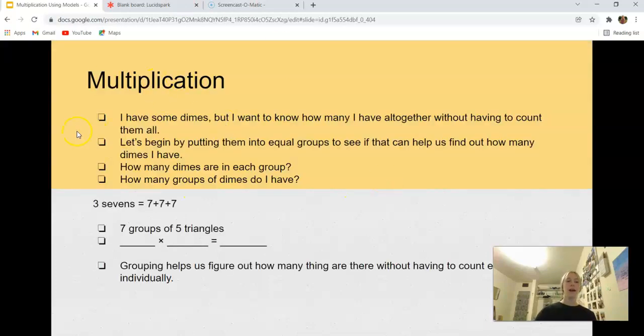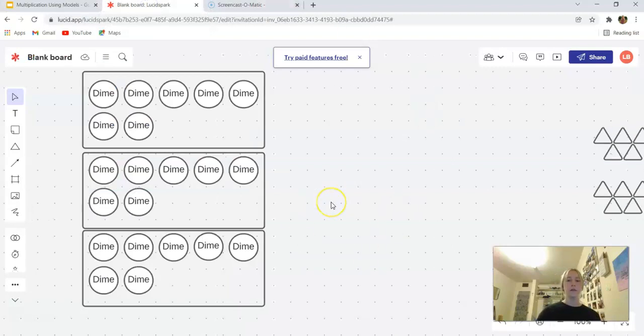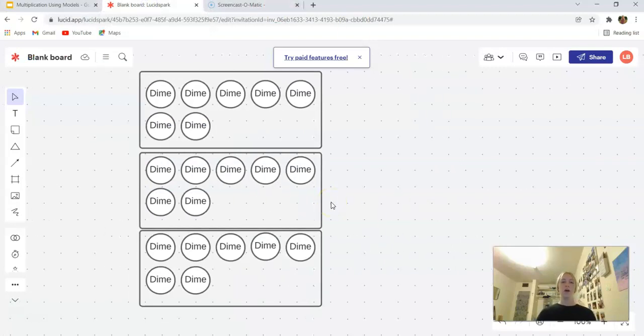Okay, so now I have some dimes, but I want to know how many dimes I have all together without counting them all. Here we go. These are all of my dimes. Let's put them into groups so that way we can see how many I have in total without having to count them all.